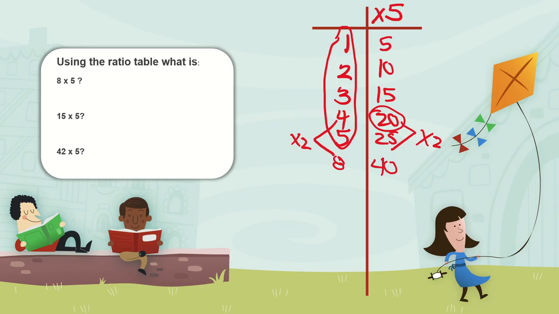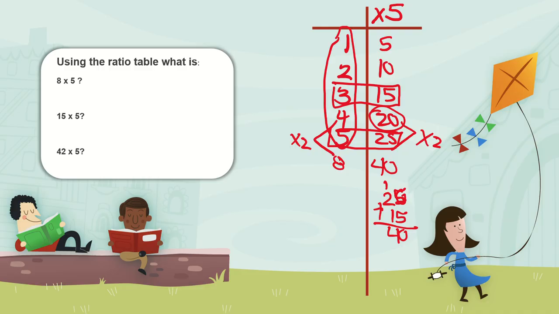Yes, 5 plus 3. So we know that 5 plus 3 will give me 8. So in this case, I would go 25 plus 15. And that also gives me 40. So these are just some different ways.